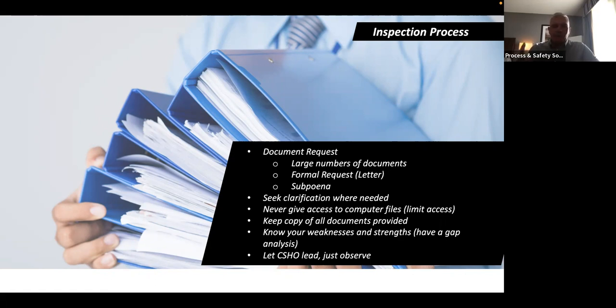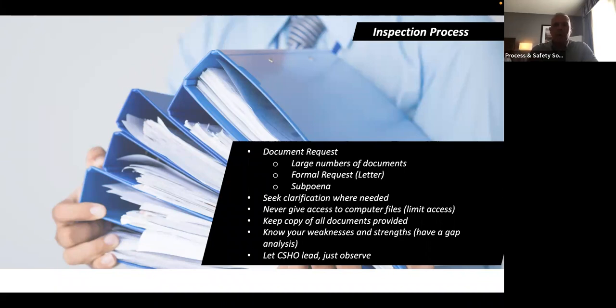Here's the other thing. Remember I said earlier that knowledge is important. Know your weaknesses and strengths. One of the most important things that you can do is understand where your ghosts are, or where your skeletons are, et cetera. Sometimes you need to have a gap analysis.